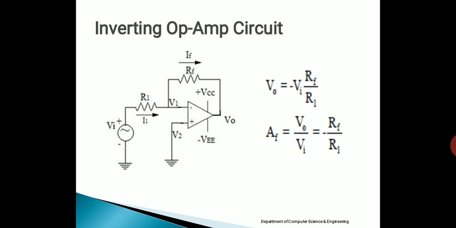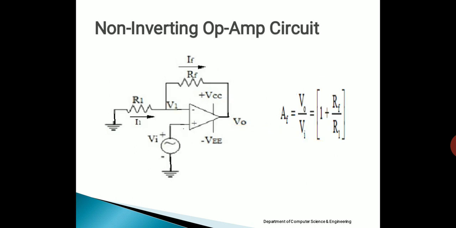The next op amp configuration is called the non-inverting op amp circuit. If you see this circuit and the previous circuit, the only difference between the two is that the input voltage and the ground connected at the inverting and non-inverting input terminals are exchanged. You can see here, input Vi is connected to the non-inverting input terminal and the inverting terminal is connected to ground through the resistance R1.